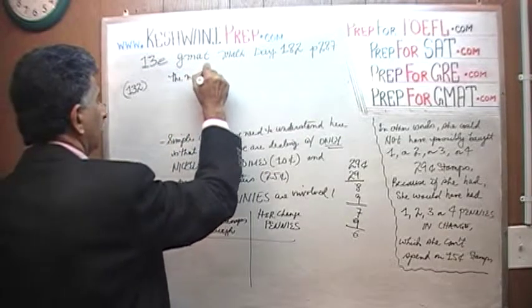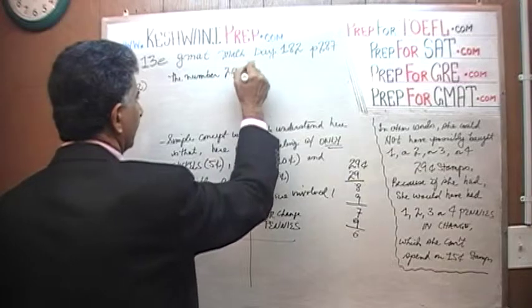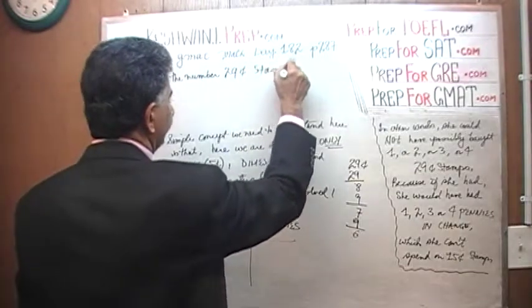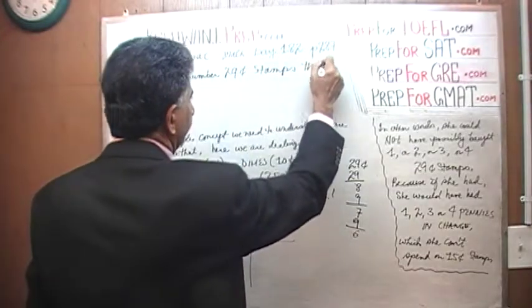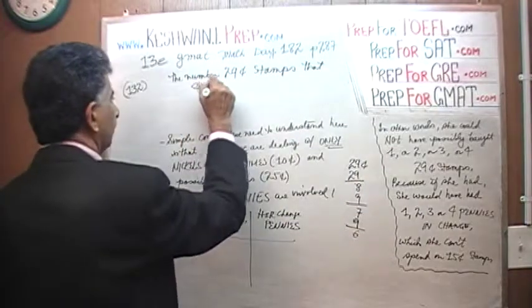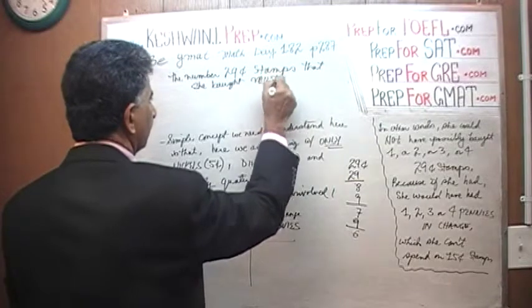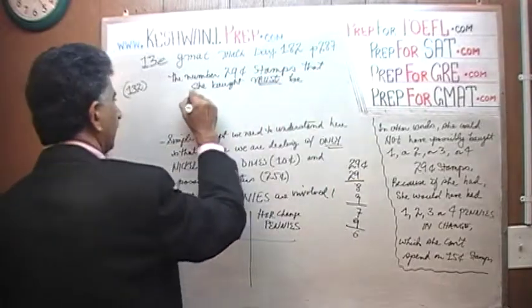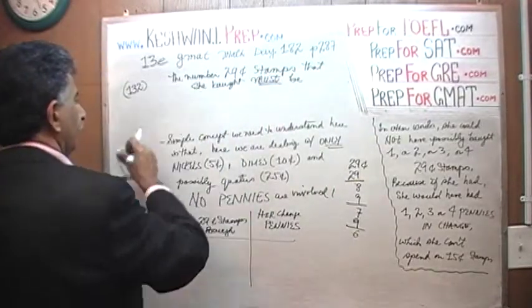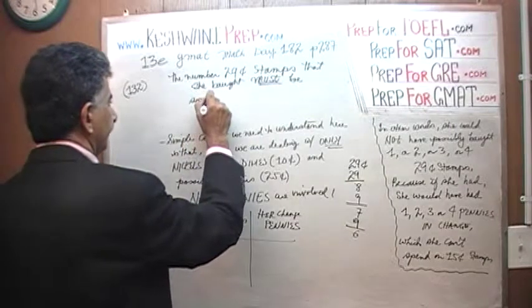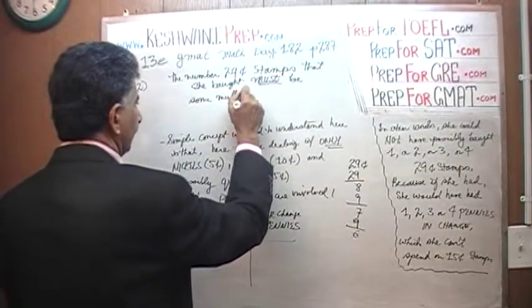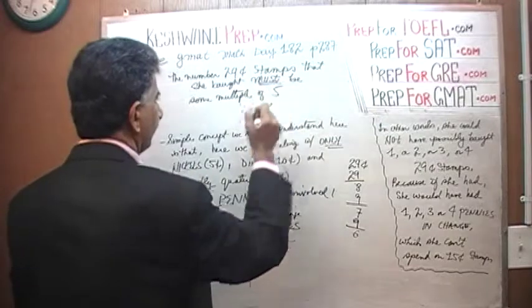This tells us that the number of 29-cent stamps that she bought must be some multiple of 5.